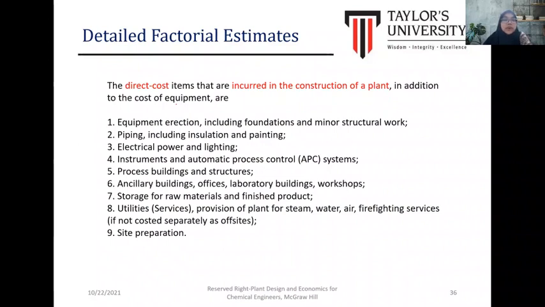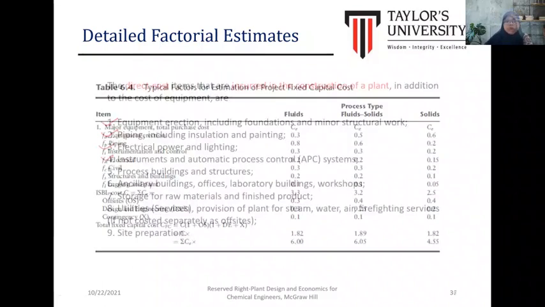In addition, the cost of the equipment such as the equipment erection, piping, electrical power and lighting, instrument, process building, and so on. So we can detail the direct cost to increase the accuracy of the estimation in the capital cost.